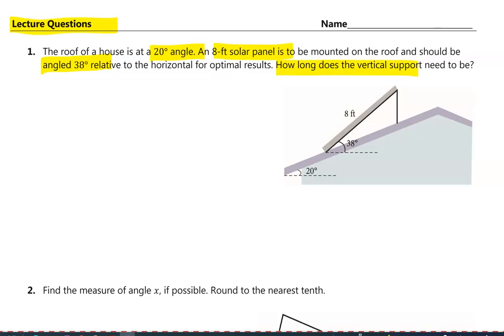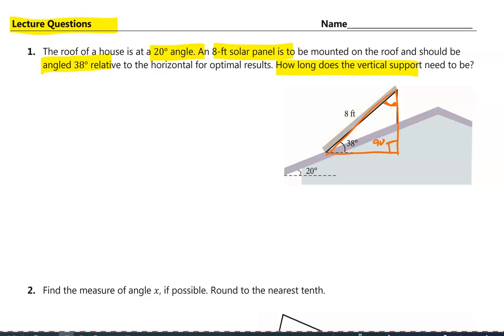All right, let's start with this triangle here. It's a right triangle. So if this is 38 degrees, this is 90. So we will be able to solve for this angle.